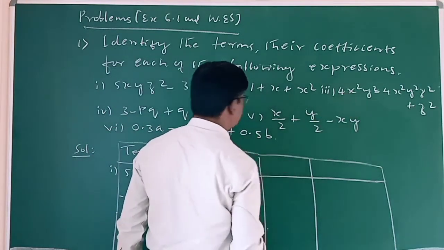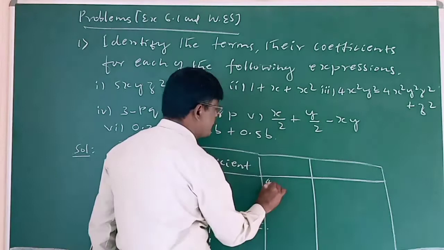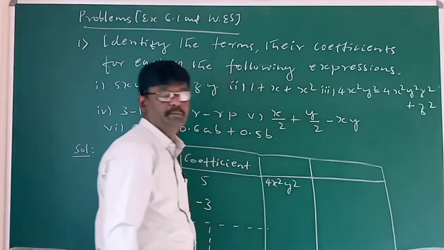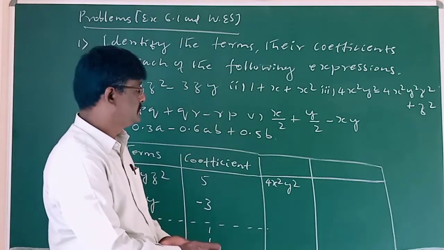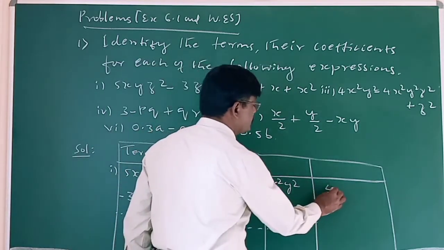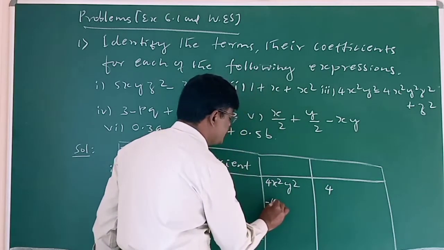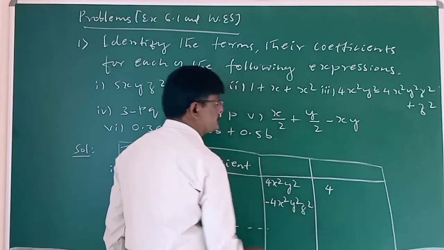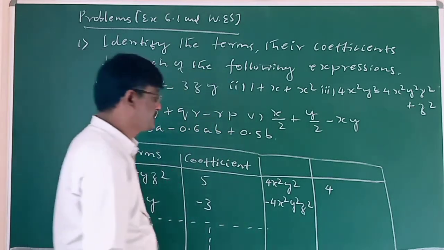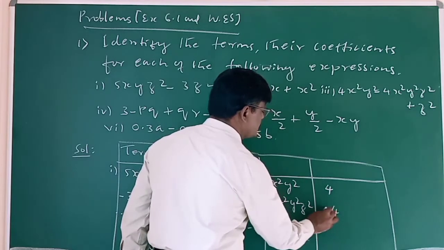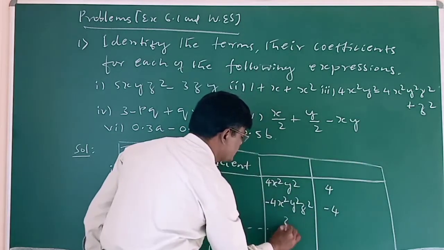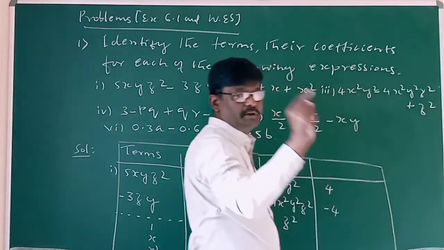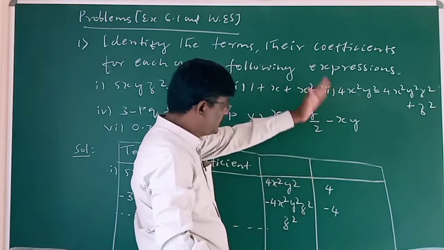Take the next one: 4x square y square. Which is the coefficient? Yes, it is 4. Next, minus 4x square y square z square. The coefficient is minus 4. Which is the next term? z square. In this expression, there are 3 terms and we are identifying them.